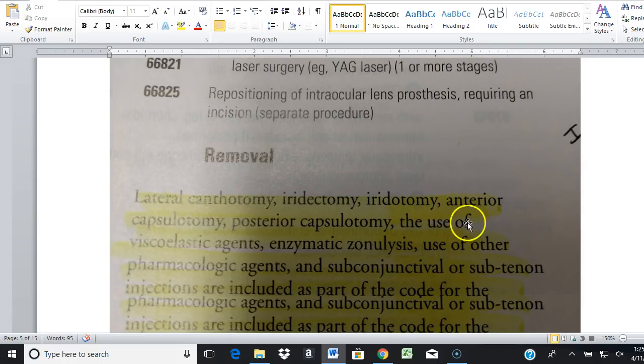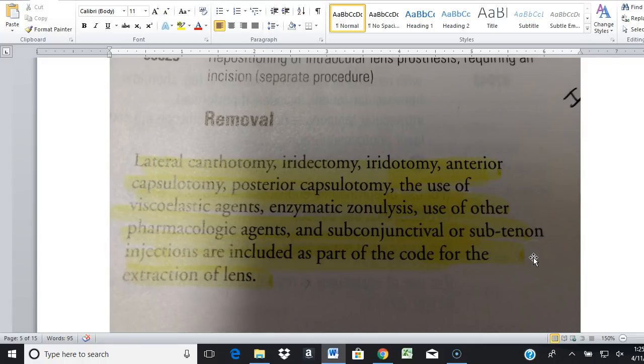Under removal, it tells us lateral canthotomy, iridectomy, iridotomy, anterior capsulotomy, posterior capsulotomy, and the use of viscoelastic agents, enzymatic zonulysis, and use of other pharmacologic agents and subconjunctival or subtenon injections are included as part of the code for the extraction of the lens. So, again, these are going to be removals of the lenses themselves. These are just pure removals.